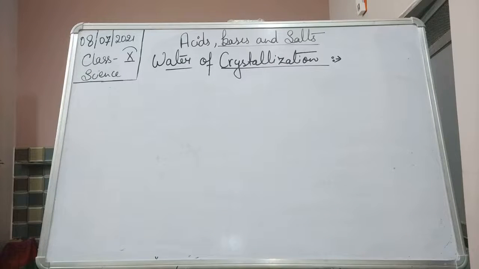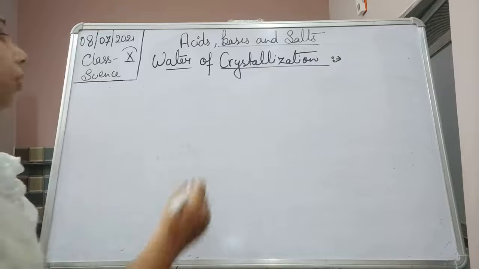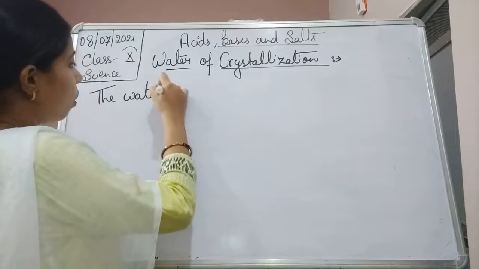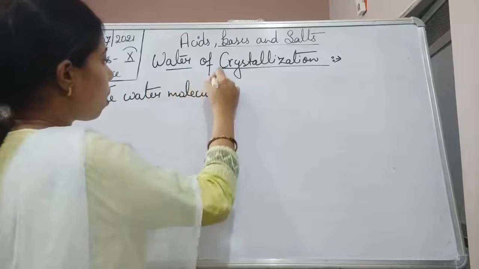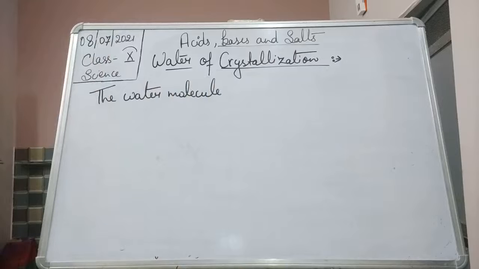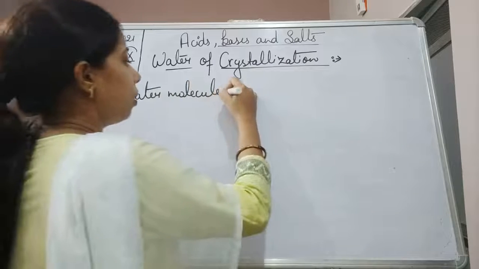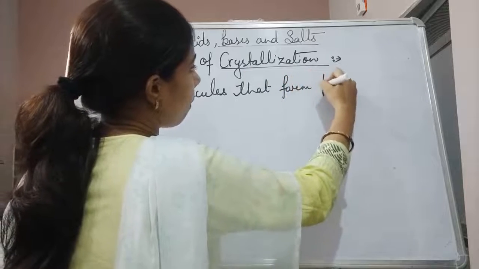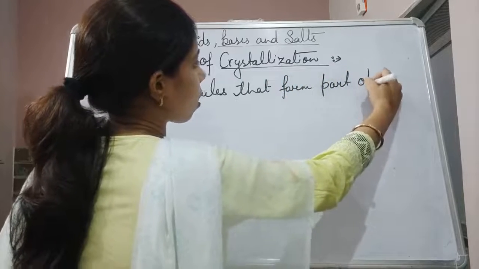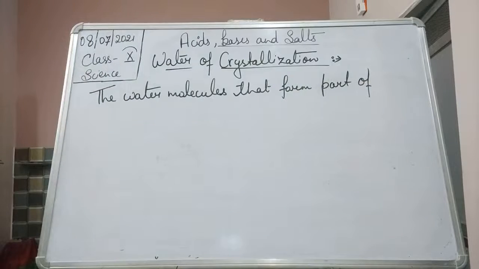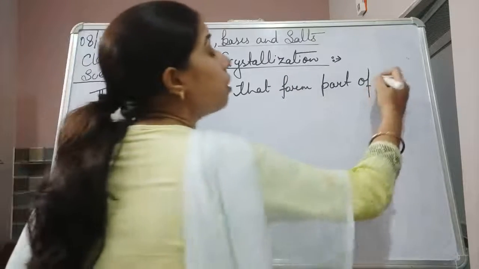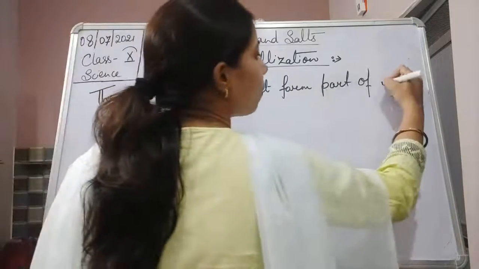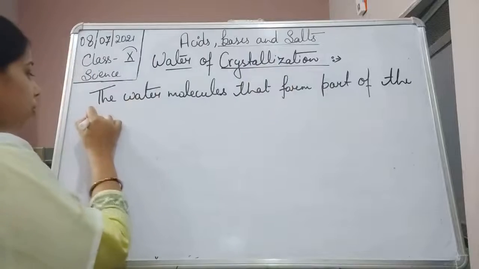So we can write here that the water molecules that form part of the structure of a crystal are called water of crystallization. Here, talking about the crystal is actually talking about the salt.